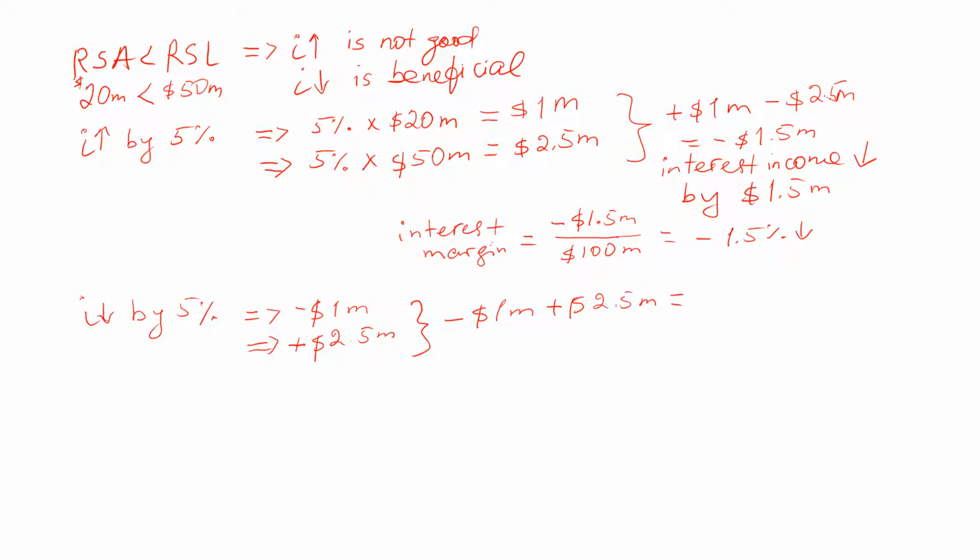Therefore, their overall interest income is increasing by $1.5 million. So the bank is benefiting from the decrease in interest rate by 5%. What happens to interest margin? Well, the interest margin is going to increase by 1.5%.